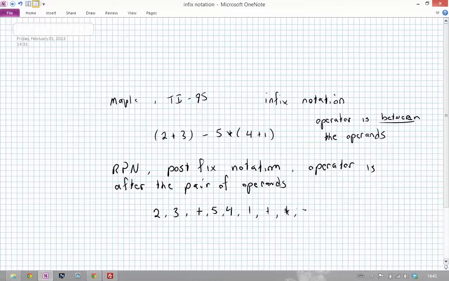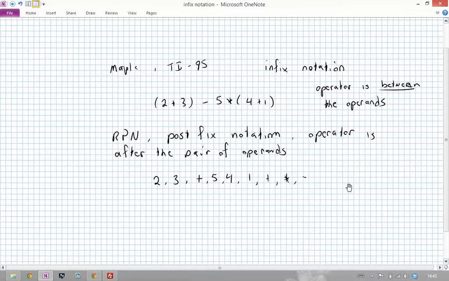I think that's it. 2, 3 plus 5, 4, 1, 5, 4, 1 plus star minus. I think that'll work. Okay, that, I think, is the postfix expression.